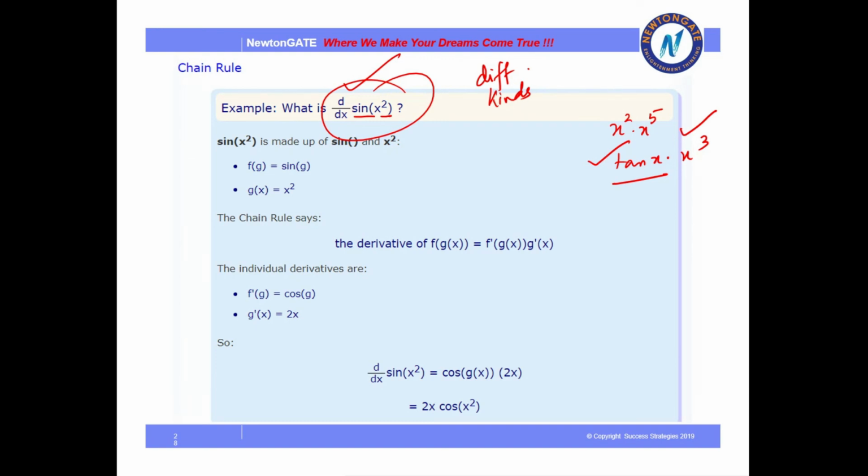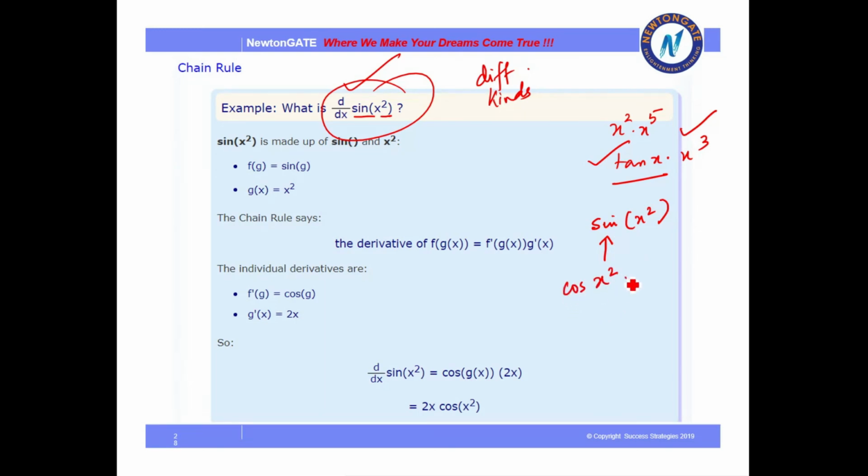Now while applying the chain rule, always remember that we differentiate from outer to inner. The function which is given outside is always differentiated first and then slowly we get inside. Like for example, in this case, it is sine x square. So first of all, we will differentiate sine, which is cos x square.